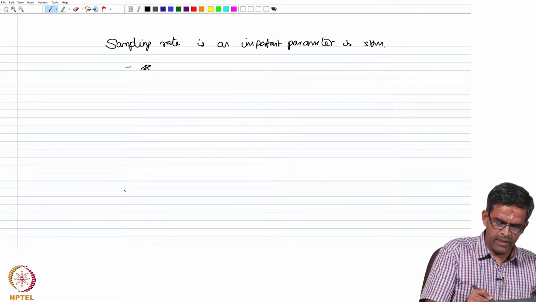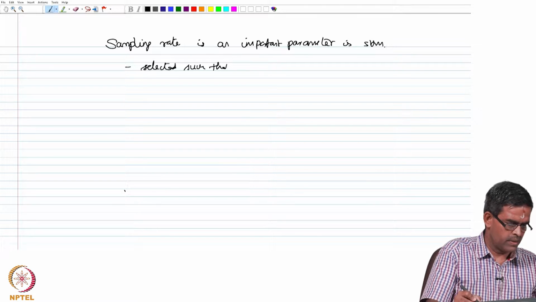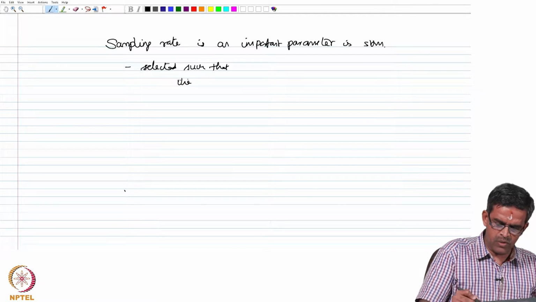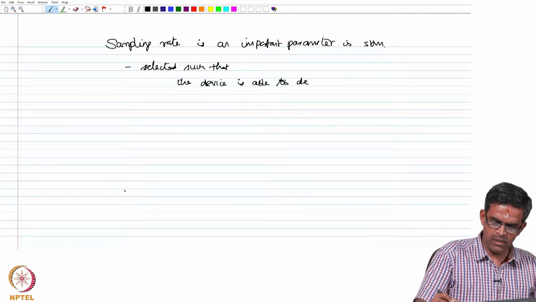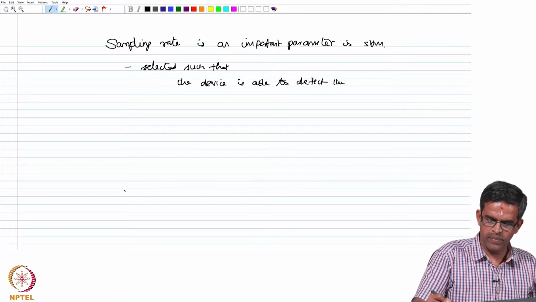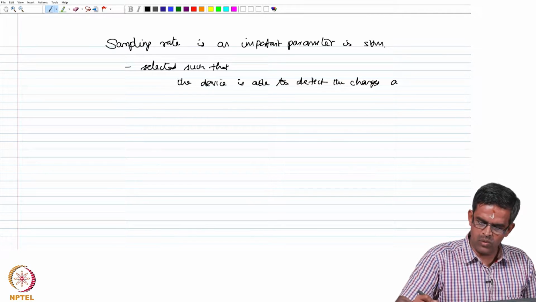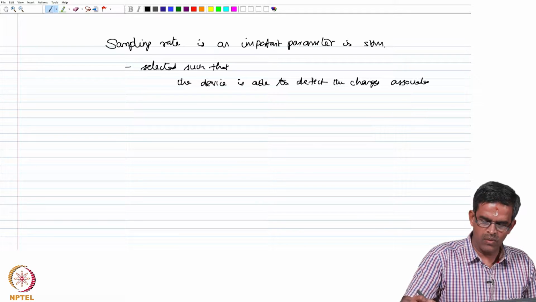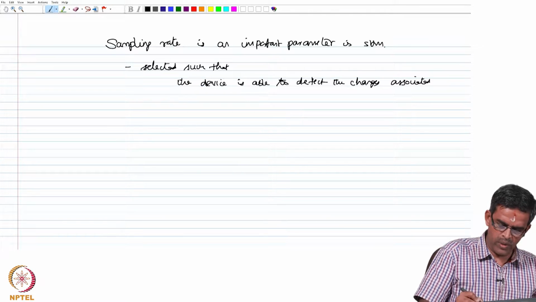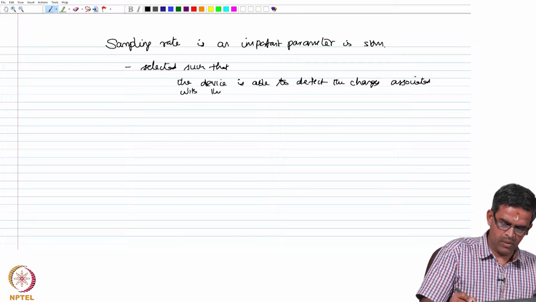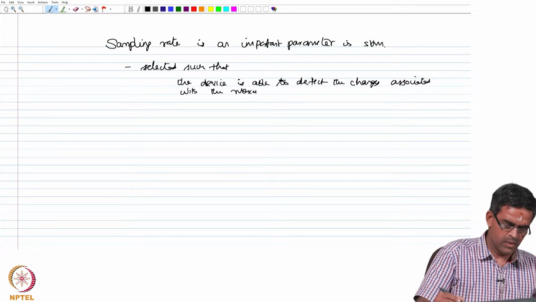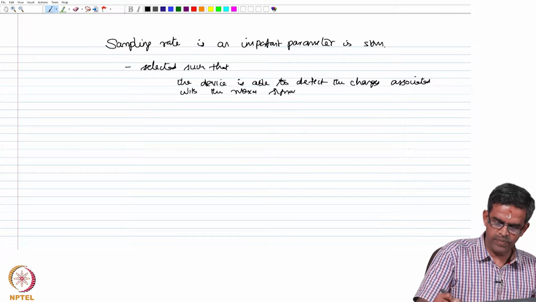Sampling rate is selected such that the device is able to detect the changes associated with the maximum signal frequency.